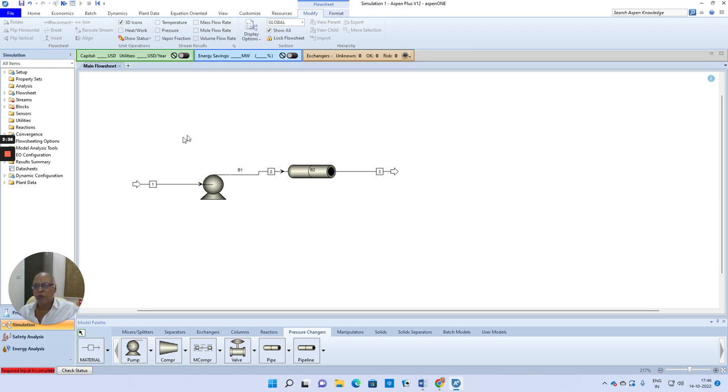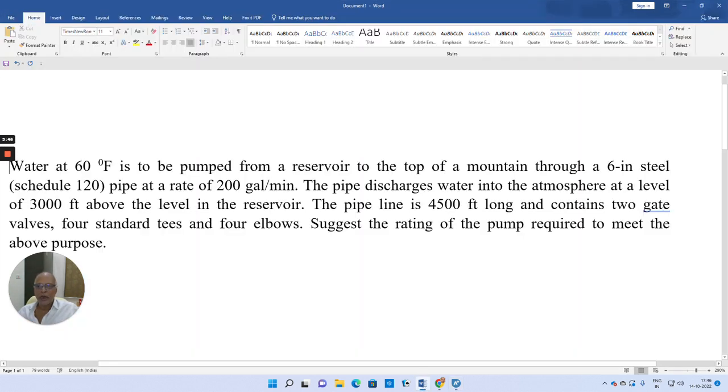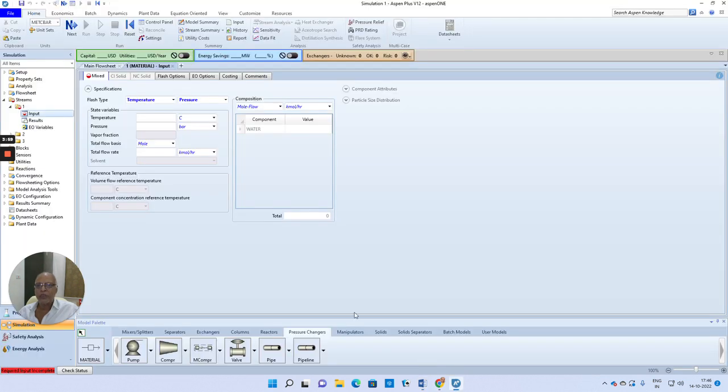So let us go into the problem statement, definition of the problem. Water is available at 60 degrees Fahrenheit. The reservoir is open to atmosphere, so you can think of using atmospheric pressure as the inlet. The flow rate is 200 gallons per minute. So let us specify this data. 60 degrees Fahrenheit, so let me change the unit system.